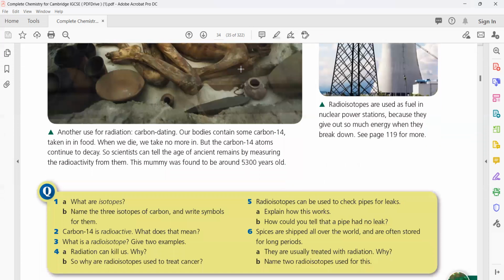Now, come towards the assessment. What are isotopes? Who is going to tell me now? Hurry up, what are isotopes, quickly?